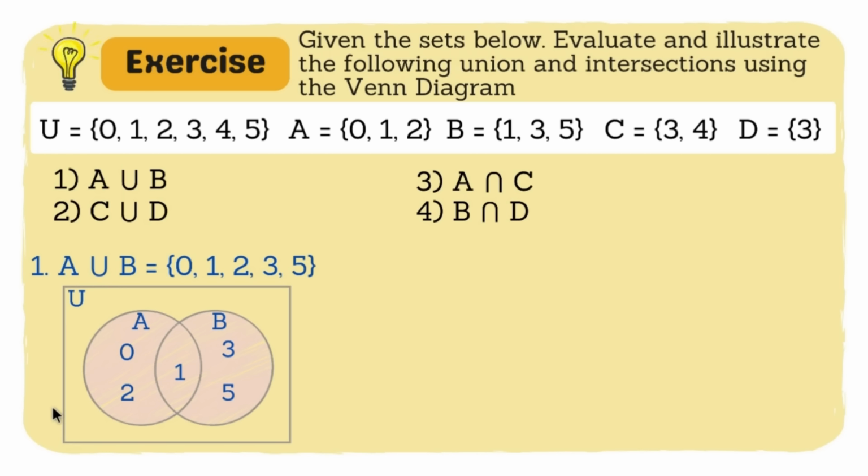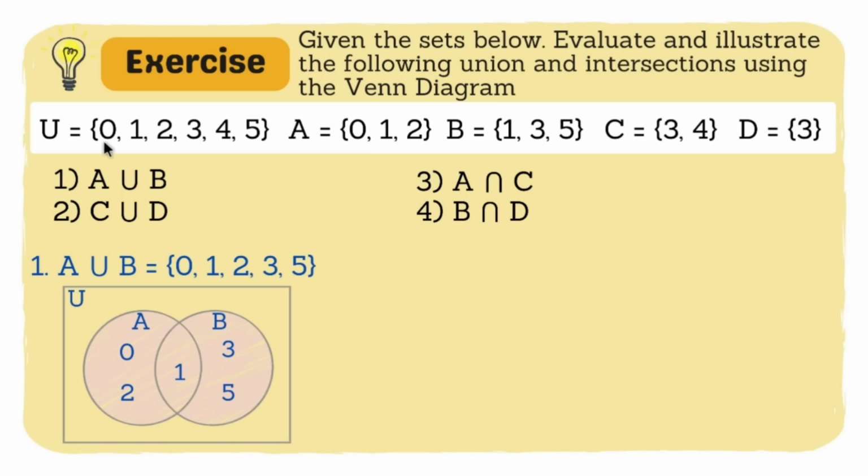Okay? Wherein, nasa loob po yung ating dalawang set. At ano po ang ilalagay nating mga elements? Kung ano po yung hindi natin nasulat dito sa dalawang sets, yun po yung ilalagay natin dito sa labas. Or the other elements not belonging to set A and set B.